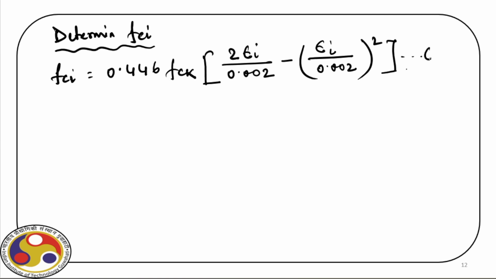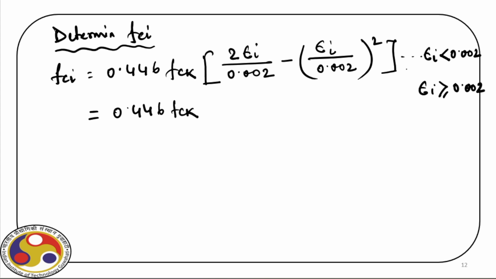This is for epsilon i less than or equal to 0.002, and beyond that it is 0.446 fck, where epsilon i is greater than or equal to 0.002.